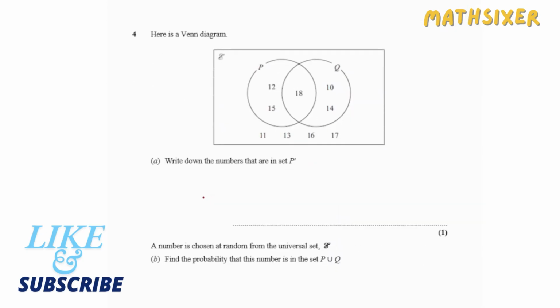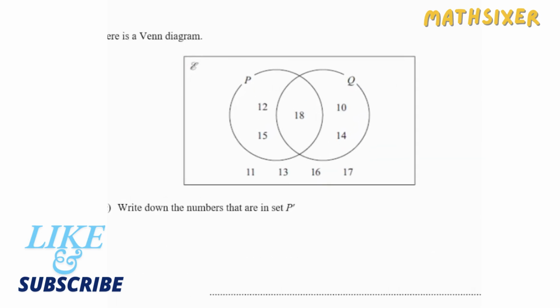Okay, let's see this question. This question says here is a Venn diagram, and write down the numbers that are in the set P dash. So P complement means, so we are looking for the numbers that are in set P complement.